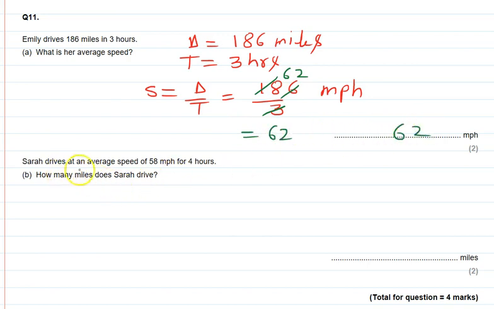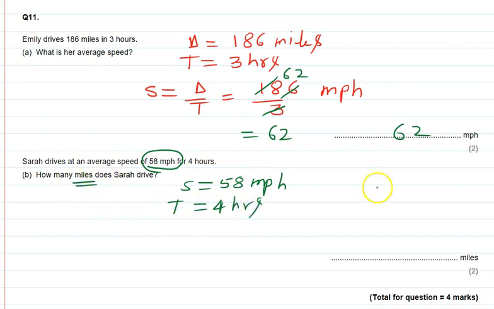Sarah drives at an average speed of 58 mile per hour. So here speed is given 58 mile per hour and time is given 4 hours, and you need to calculate the distance. So we know this triangle is speed, distance, and time.